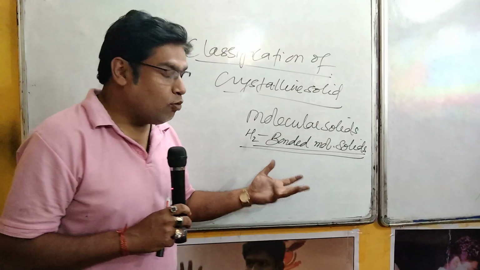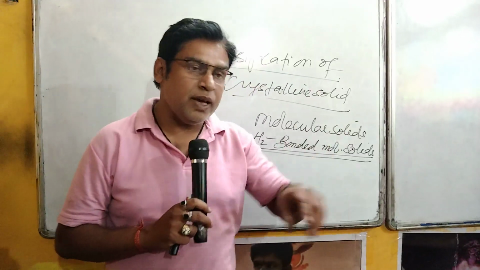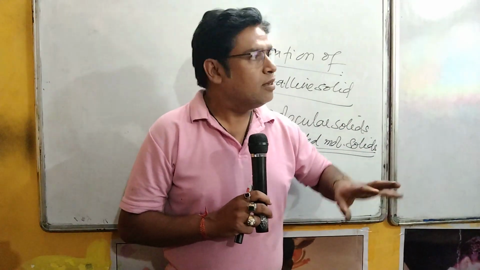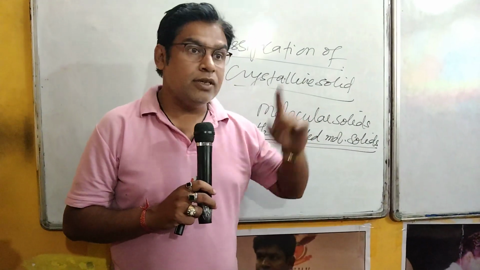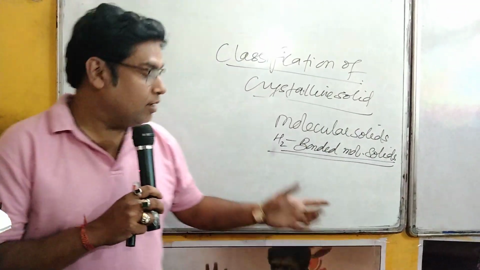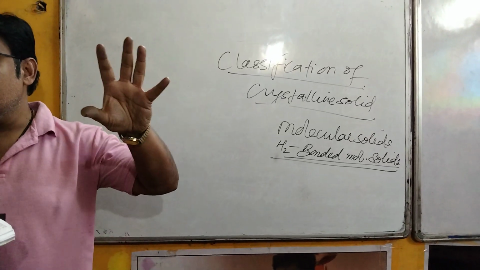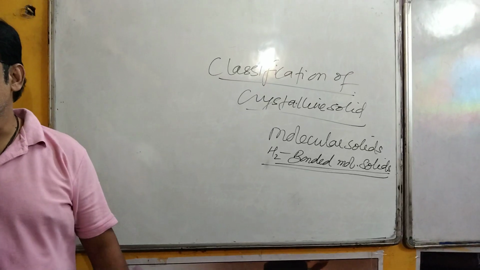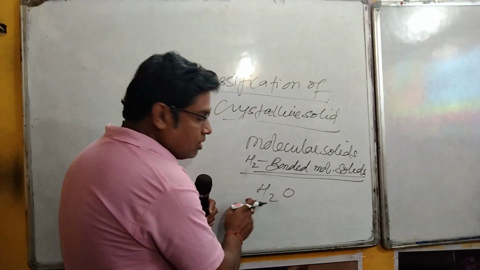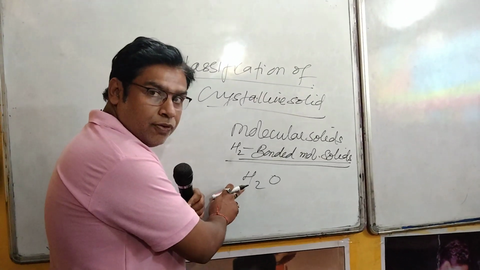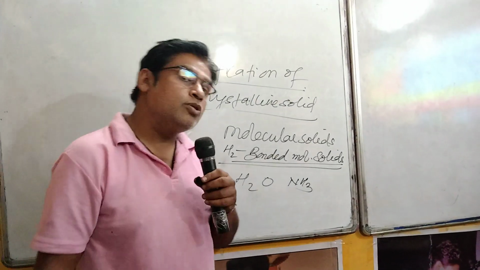अब इसमें what does it mean? The hydrogen bonded molecular solids are such type of molecular solids जिसमें कोई ना कोई एटम, चाहे इलेक्ट्रोपॉजिटिव हो या इलेक्ट्रोनेगेटिव हो, it is usually bonded, mostly electronegative, with a hydrogen atom. हाइड्रोजन एटम से बॉन्डेड है, चाहे वो क्लोरीन हो, ऑक्सीजन हो या नाइट्रोजन हो. क्लियर? जैसे मैंने एग्जांपल बताया H2O, ऑक्सीजन इज बॉन्डेड विद 2 एटम्स ऑफ हाइड्रोजन. अमोनिया NH3, nitrogen is bonded with 3 atoms of hydrogen.